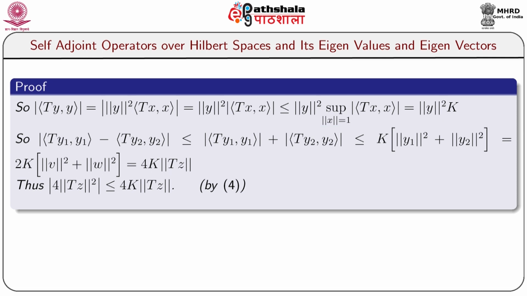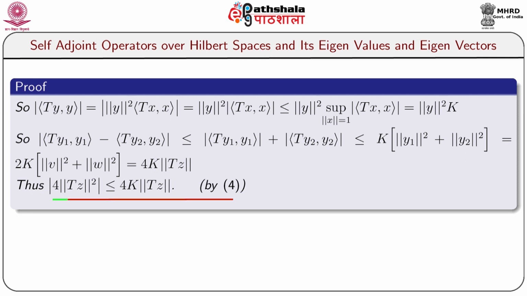So, the modulus of ⟨Ty1, y1⟩ minus ⟨Ty2, y2⟩ is less than or equal to the modulus of ⟨Ty1, y1⟩ plus the modulus of ⟨Ty2, y2⟩, which is less than or equal to K times (norm y1 square plus norm y2 square), which is equal to 2K times (norm v square plus norm w square), which is equal to 4K times norm Tz.